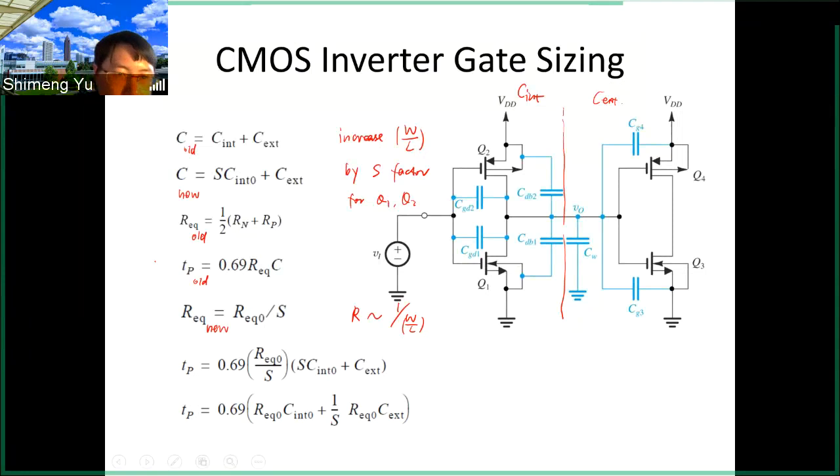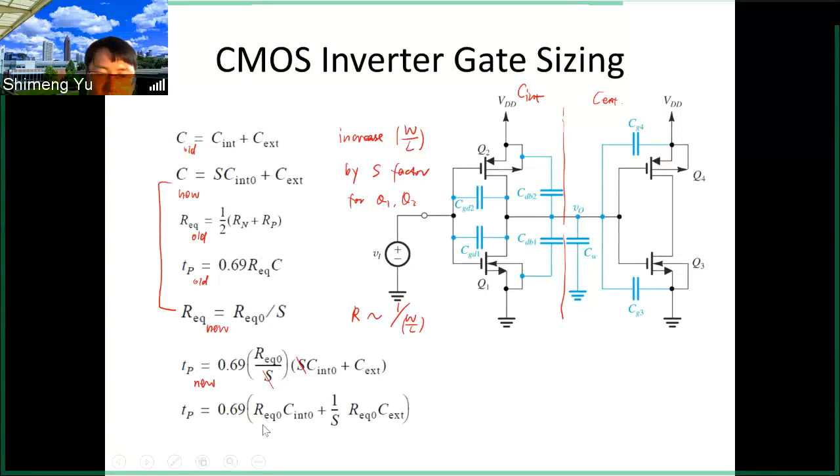Then we look at what the new RC is. So you have this 0.69, this new R, and the new C in this bracket. So the S cancel each other.